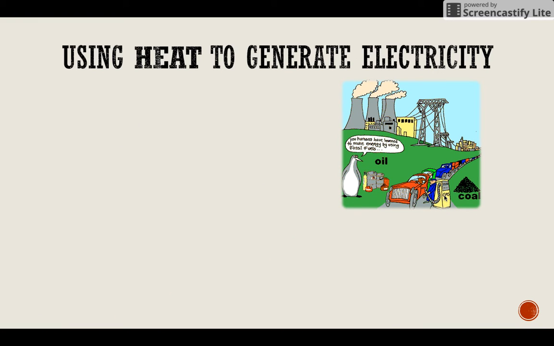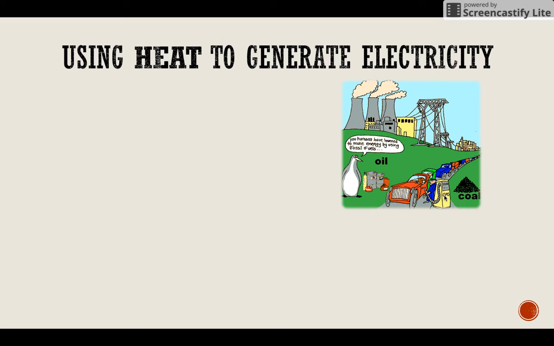So hydroelectricity is one of the main sources, but unfortunately, the amount of electricity that we need in Ontario and Canada in general is not enough to just use the hydropower. So we can use another category, and that's heat. However, if we don't have water to power the turbine, what force could we use to spin that turbine? The answer is steam.